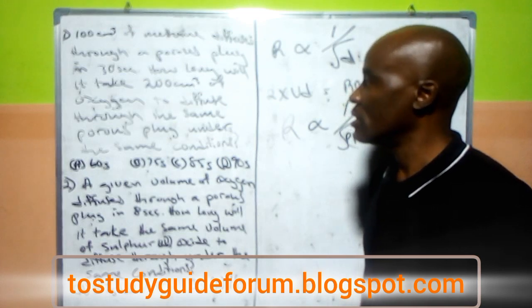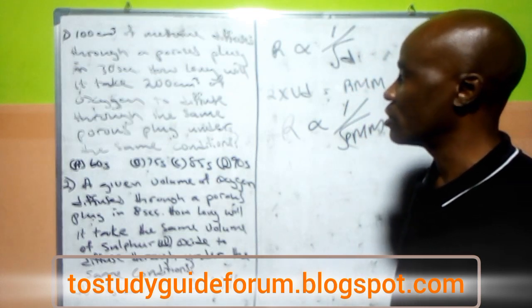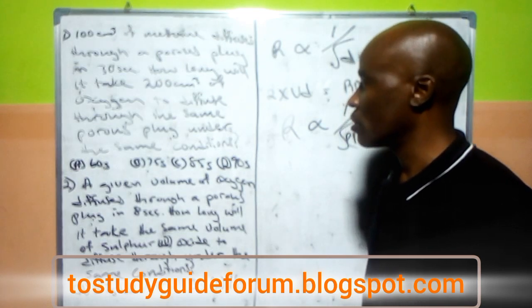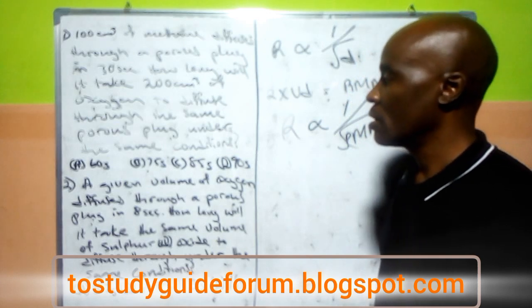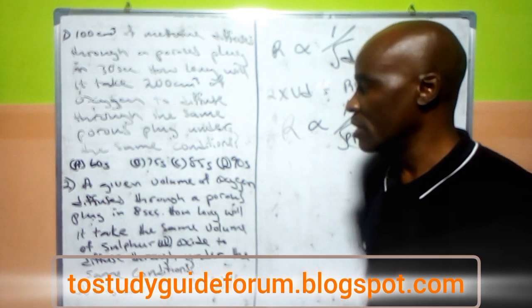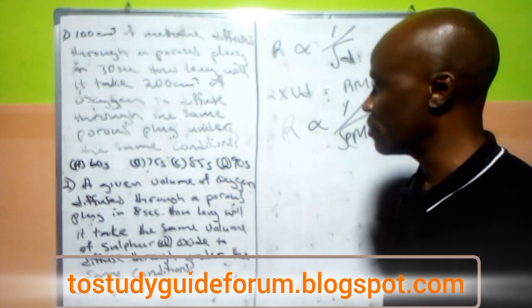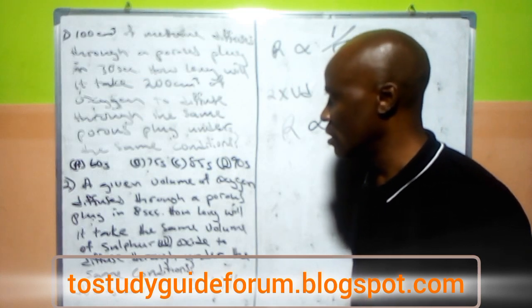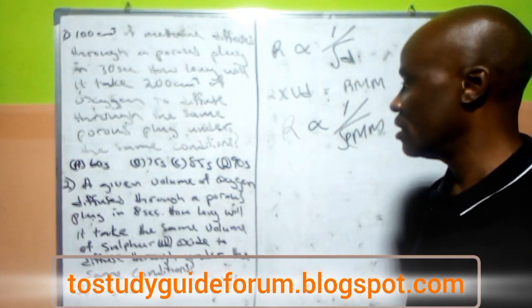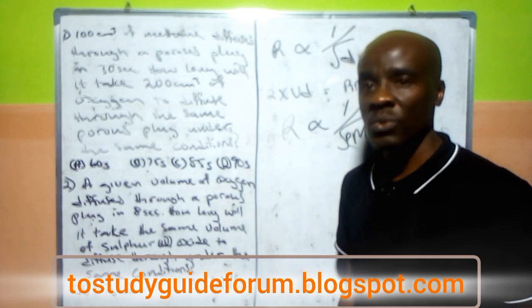How long will it take 200 cm cube of oxygen to diffuse through the same porous plug under the same conditions? The options are: A is 60 seconds, B is 75 seconds, C is 85 seconds, and D is 90 seconds.